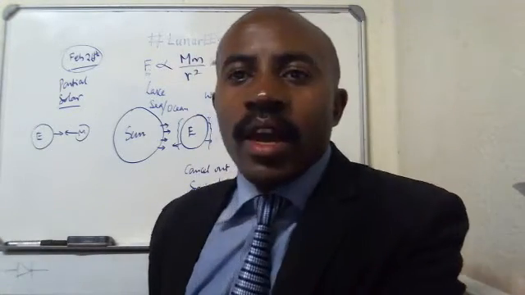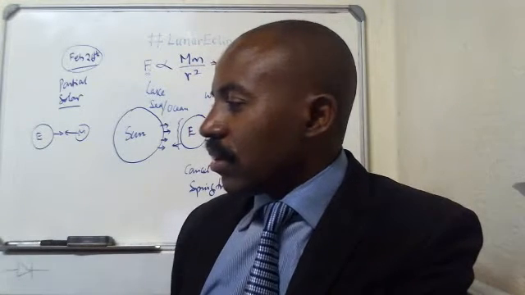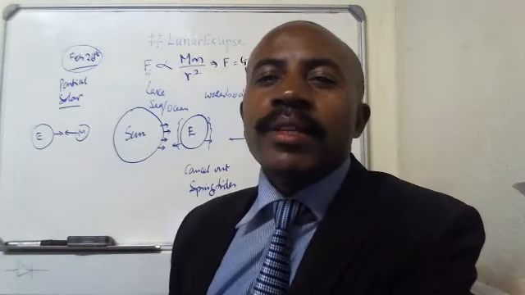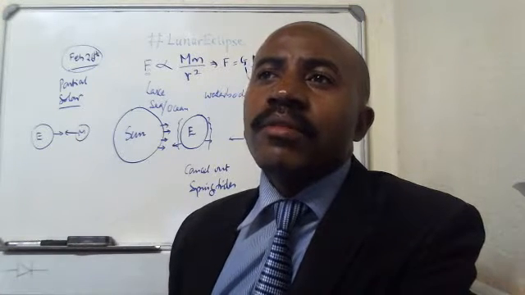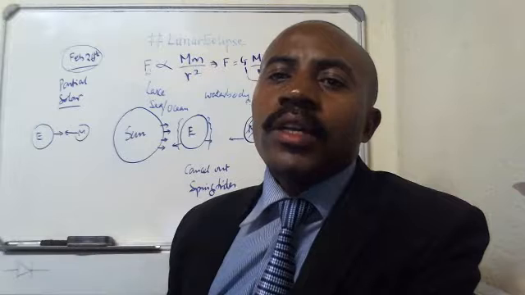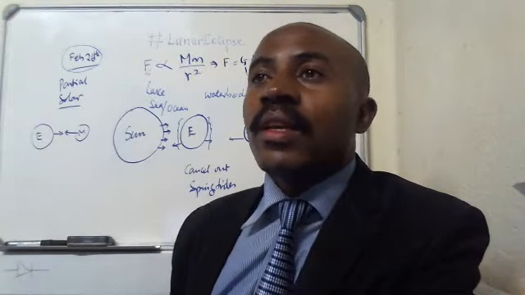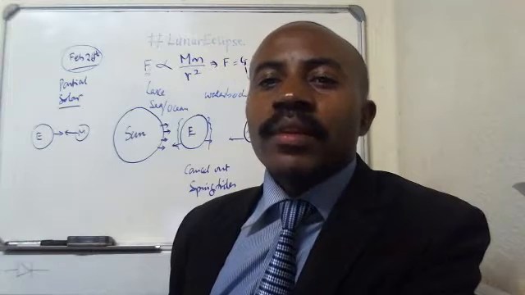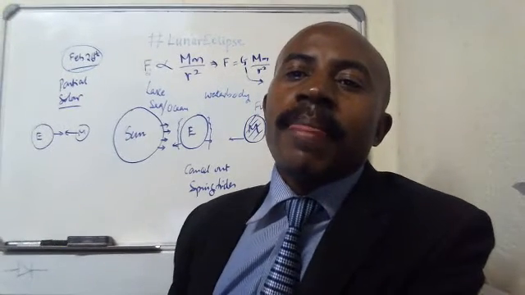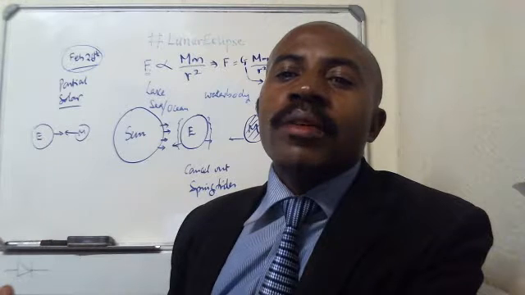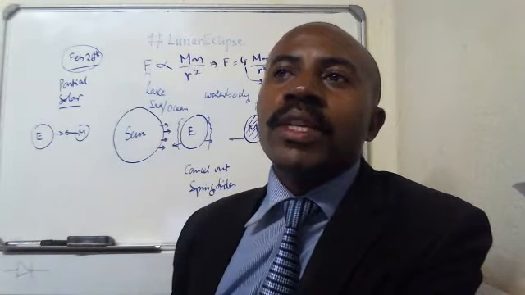But if you were to look at the other side, the other phenomenon of new moon, like the one which normally happens when we have a solar eclipse. We cannot have a solar eclipse if we have a full moon. We can only have a lunar eclipse if we have the moon in full phase.